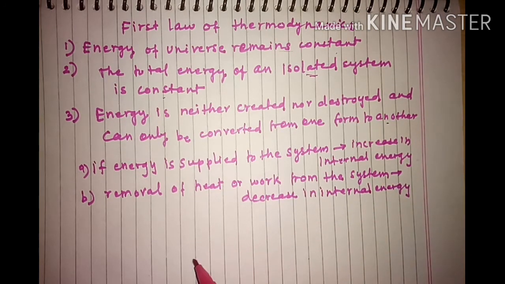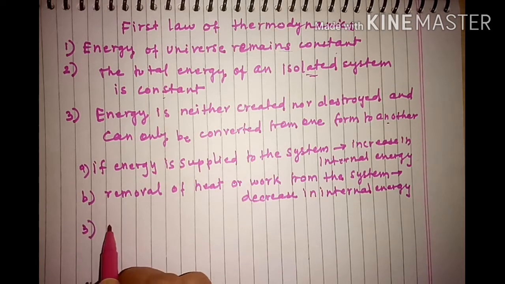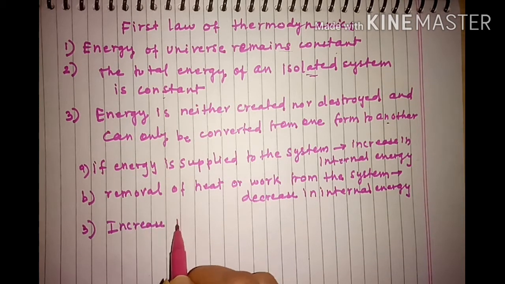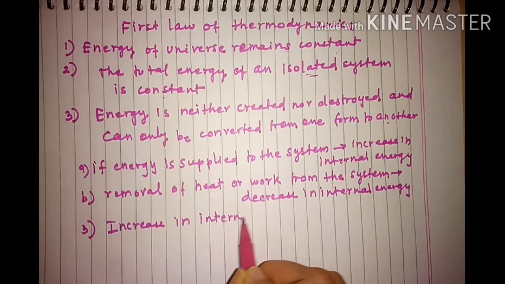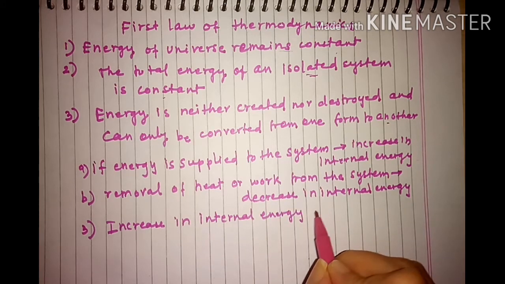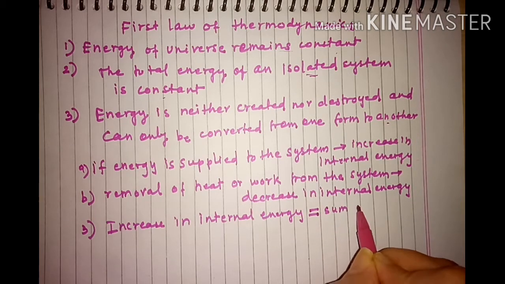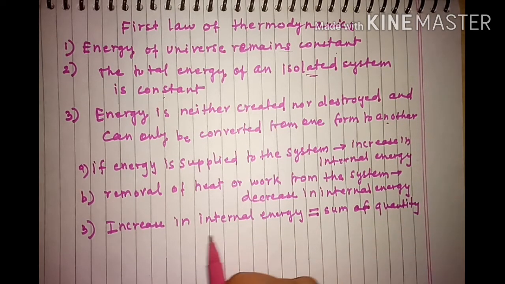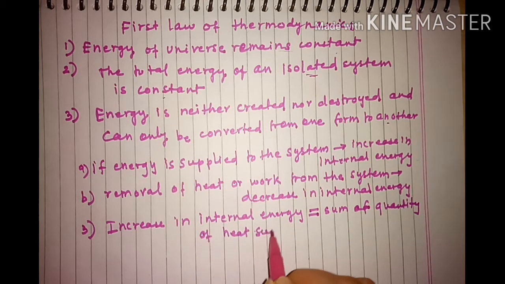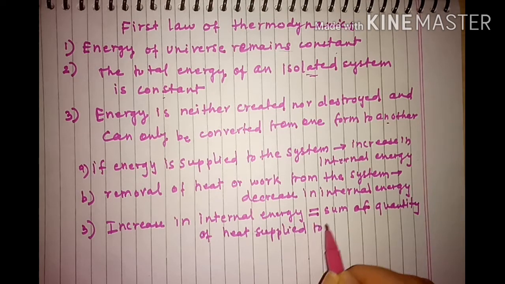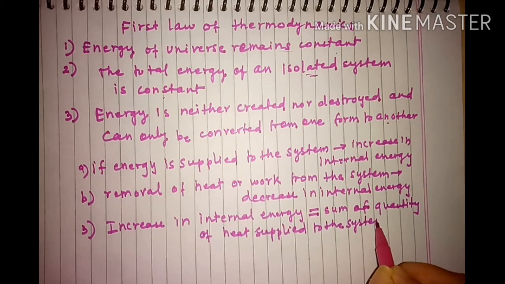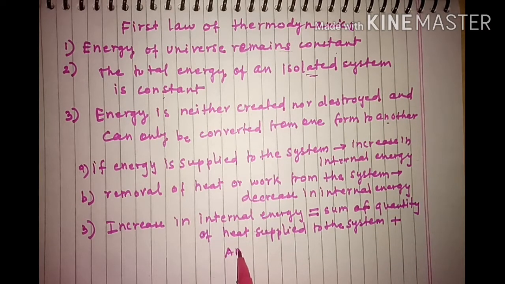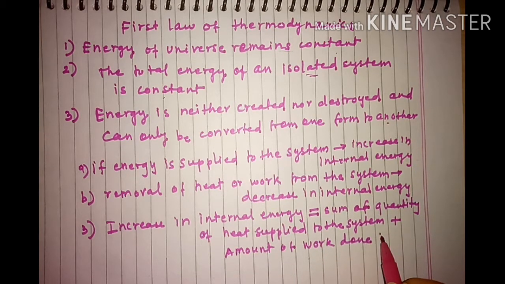Third thing you can write: the increase in internal energy of the system is equal to the sum of the quantity of heat supplied to the system plus the amount of work done on the system.